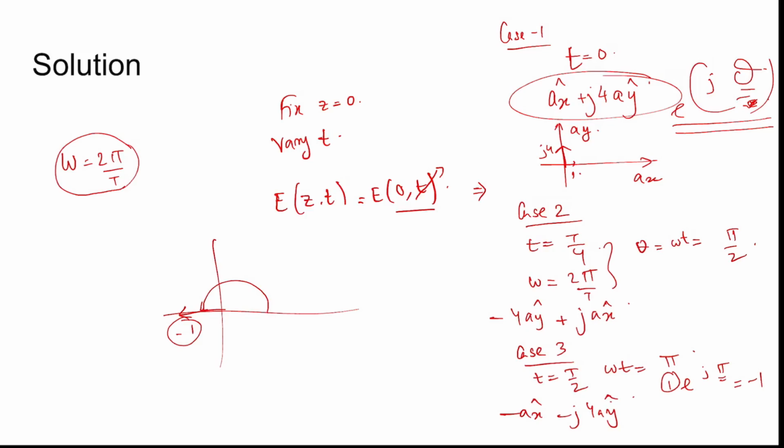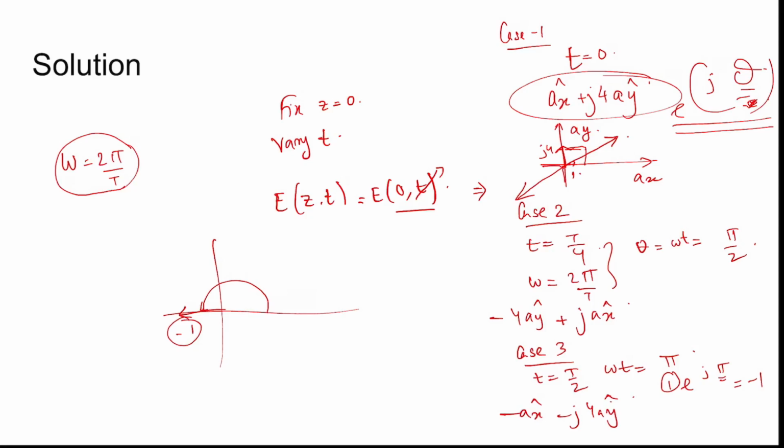So what I want to say here is that if some vector is there and it becomes negative, then if you multiply it with minus 1, it comes here, right?